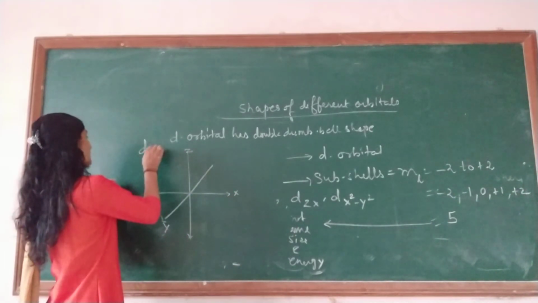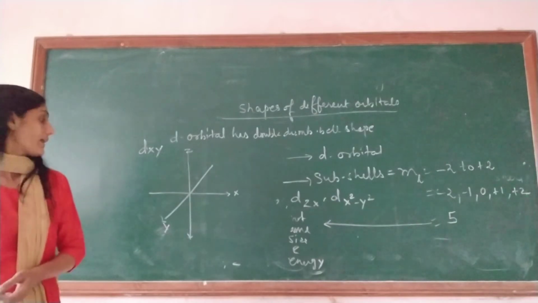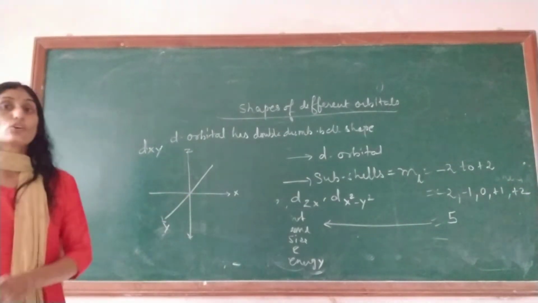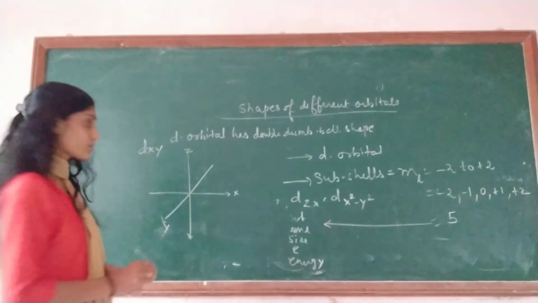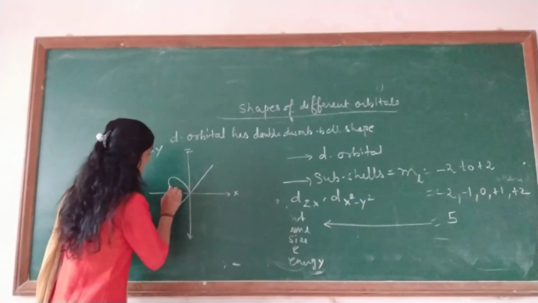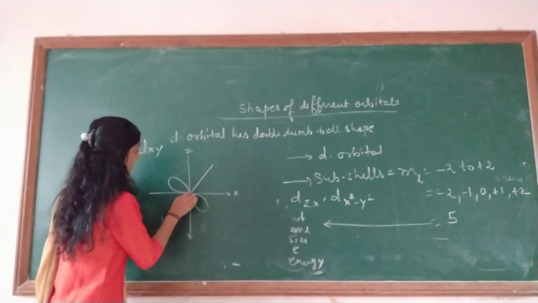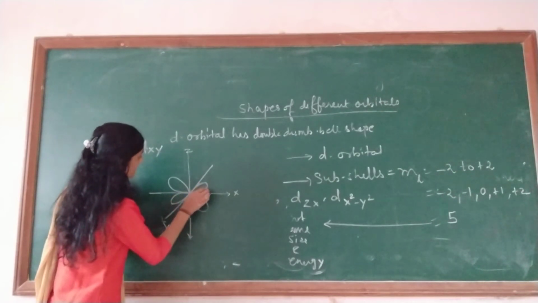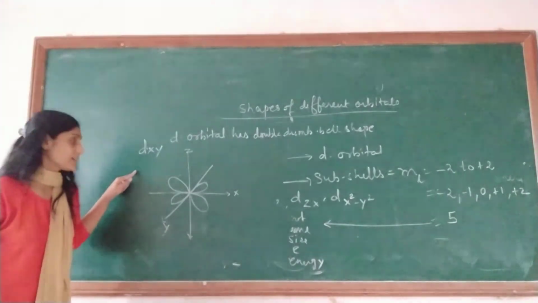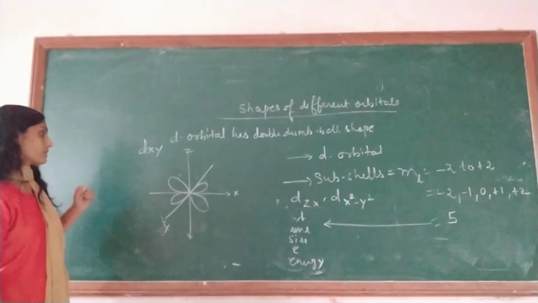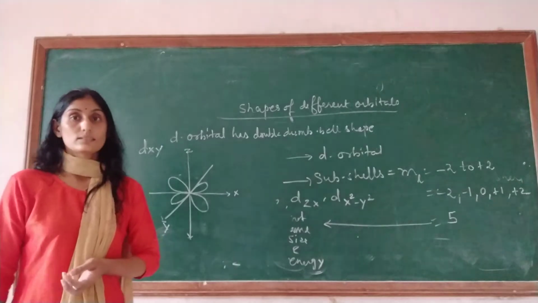Now I am just having dxy. So the four lobes are there in between x as well as in between y. They are not there on the same axis. So that is the same for dxy. So you can copy it, dxy.